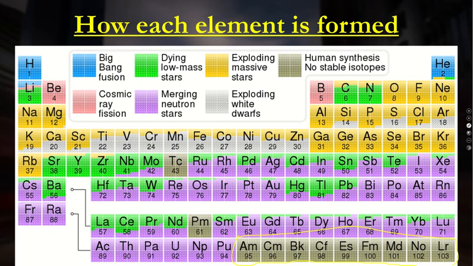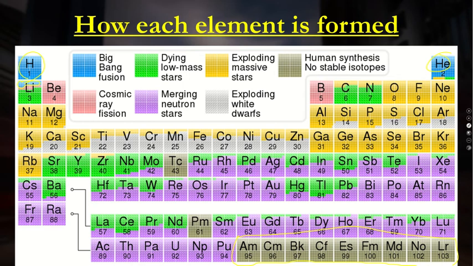If we have a look, we have hydrogen, we have helium, and we also have a little bit of lithium, and you can see the lithium we created there is partly to do with the Big Bang fusion. So when we talk about Big Bang fusion, we're talking about the great expansion and then how energy was converted into mass, and how that mass began from simple elementary particles to make protons and neutrons.